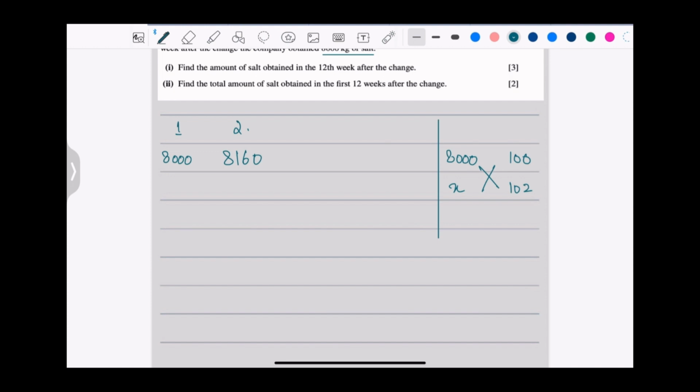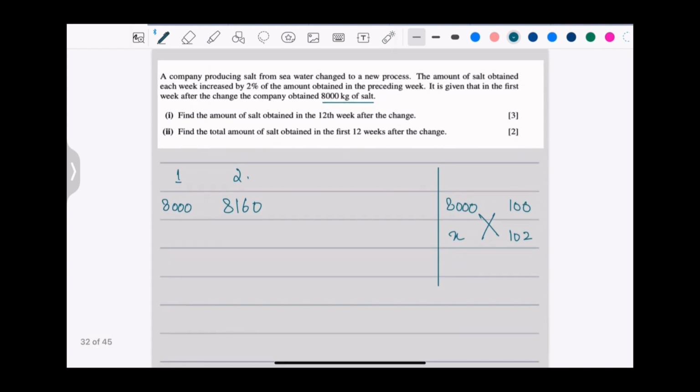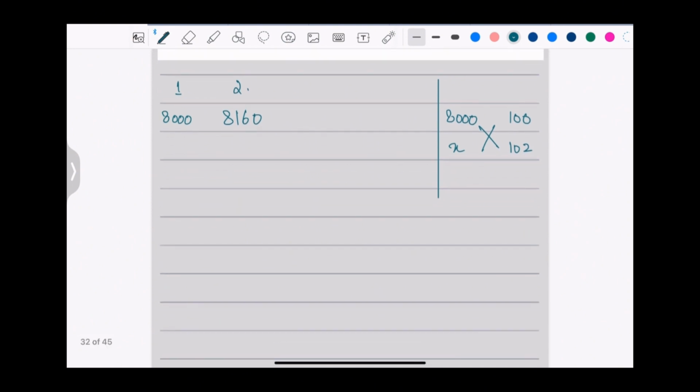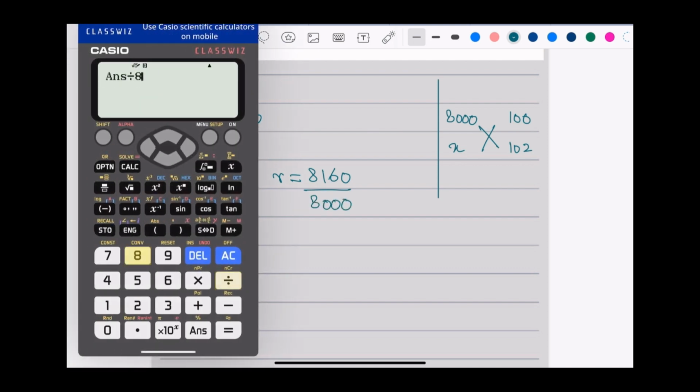The next week, they'll get this much amount of salt. So if I need to find the ratio, A is going to be 8,000 and the ratio is 8,160 over 8,000, which is going to be 1.02.